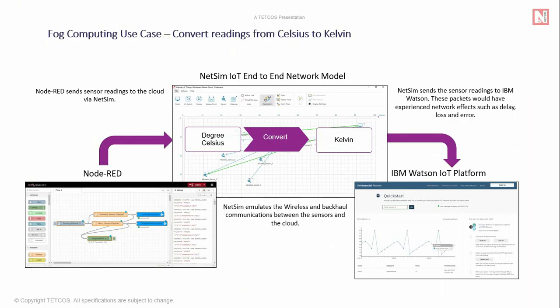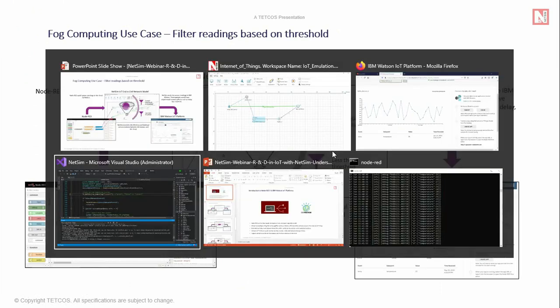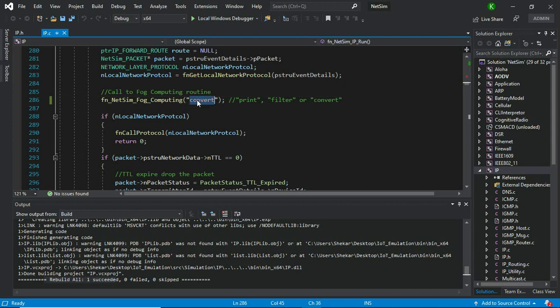Next, we see one more example where the 6-LoWPAN gateway in NetSim is programmed to filter temperature readings based on a specified threshold of 30 degrees Celsius. We again change the fog computing routine in NetSim, this time to do the filter operation.